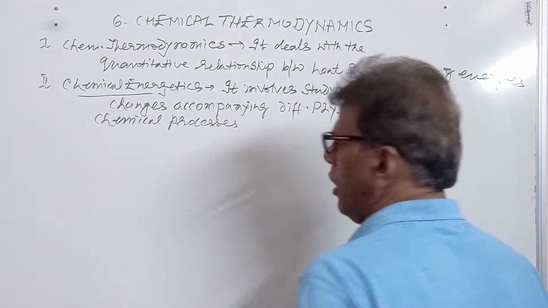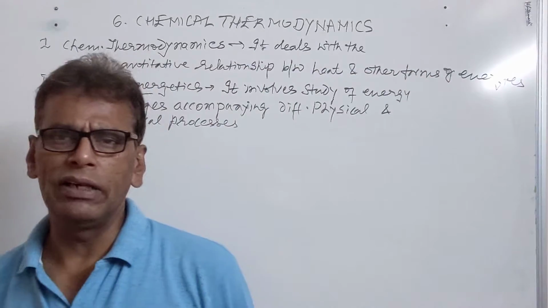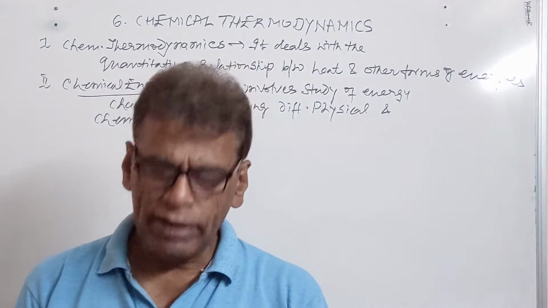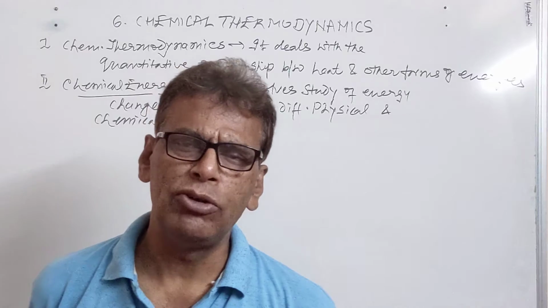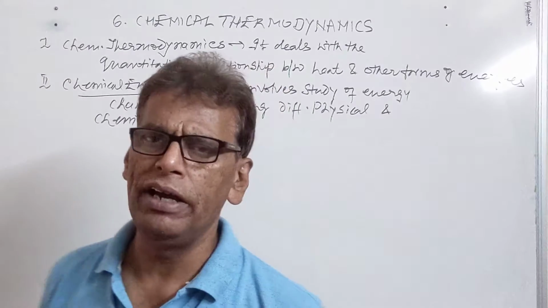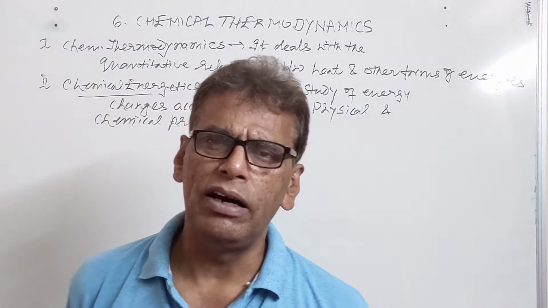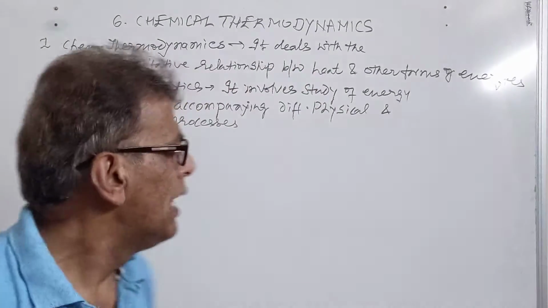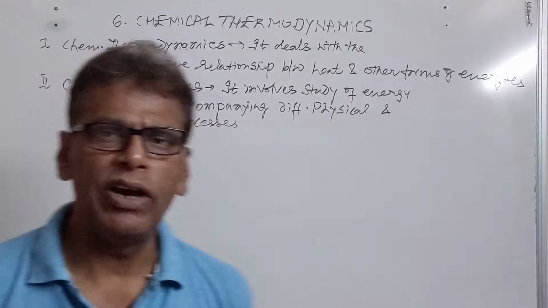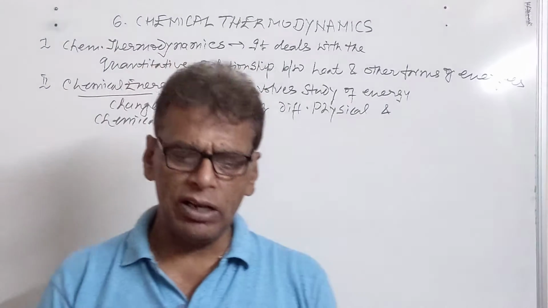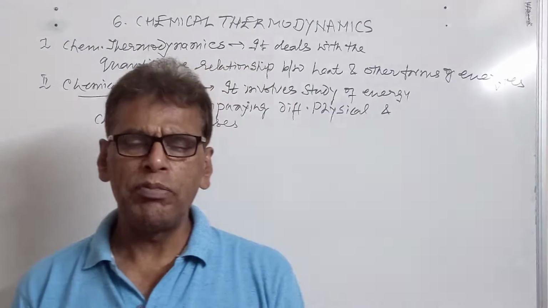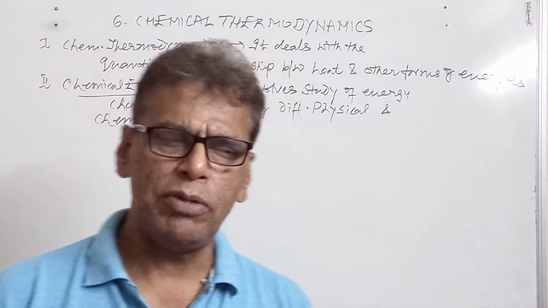So these are the two definitions. First is thermodynamics, where heat is changed into energy, energy is changed into heat, and they are used in doing work by the different kinds of systems. Then we have the chemical energetics. It involves the measurement of the heat change which are accompanying different physical or chemical processes.